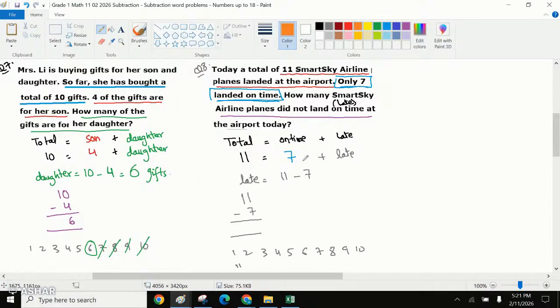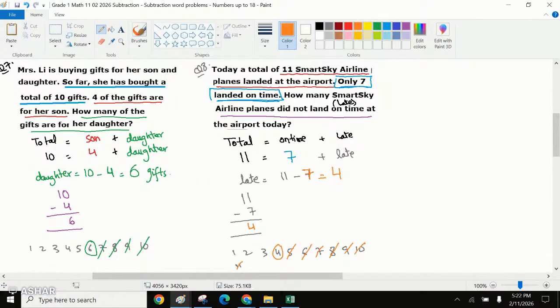How many do we subtract? We subtract 7. 1, 2, 3, 4, 5, 6, and 7. That means we are left with 4. That means if 7 were on time, 4 planes were running late. Okay? Good.